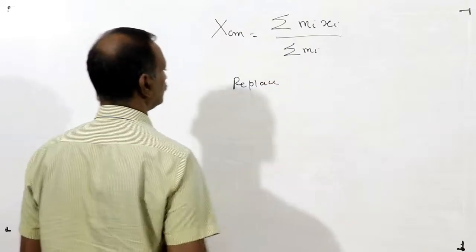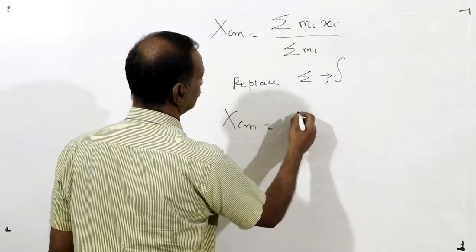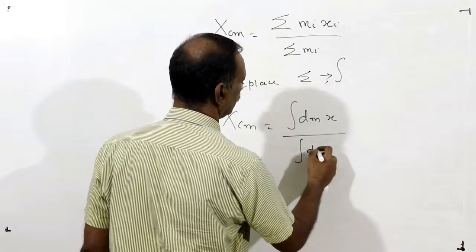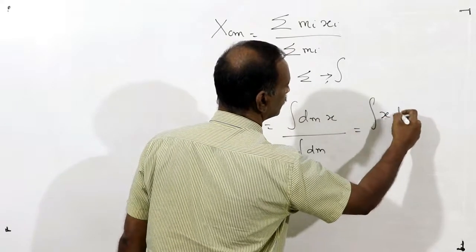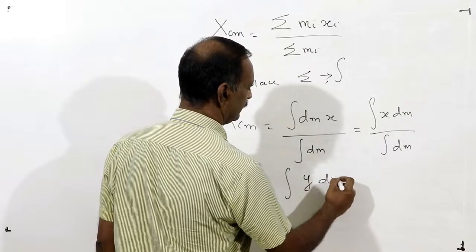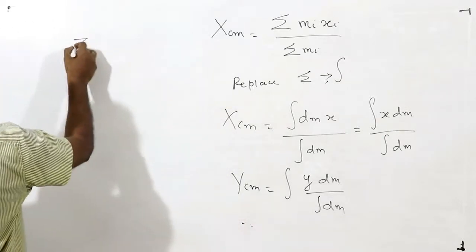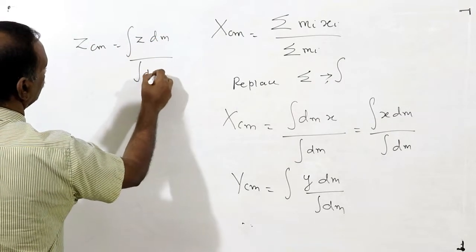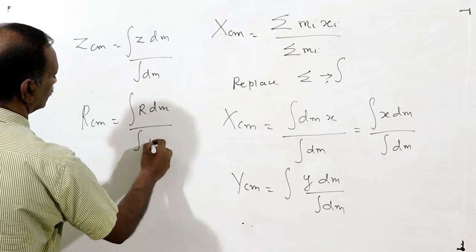Replacing sigma by the integration sign, xcm is equal to integral x dm divided by integral dm. In the same way, ycm is equal to integral y dm by integral dm, zcm is equal to integral z dm by integral dm, and rcm is equal to integral r dm by integral dm.